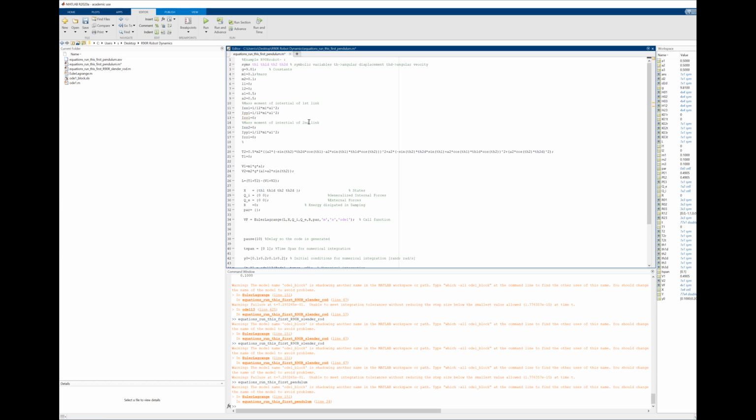Iyy2 is 1 by 12 m2 a2 square, and Izz2 is equal to 1 by 12 m2 a2 square. Any questions at this point?